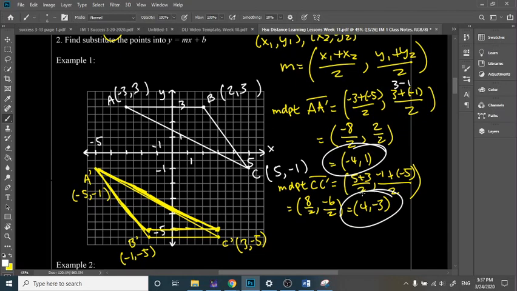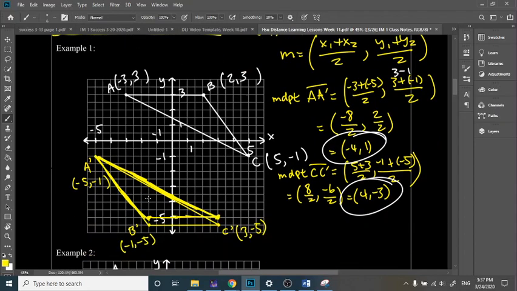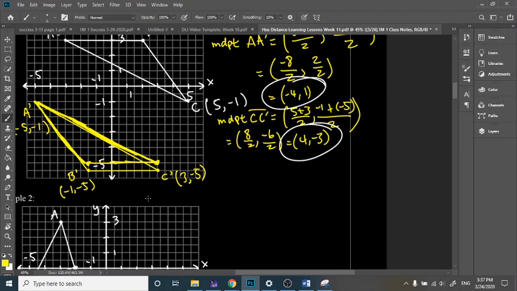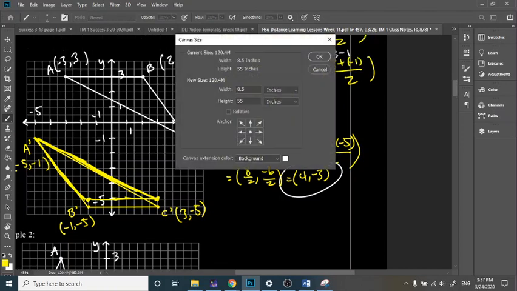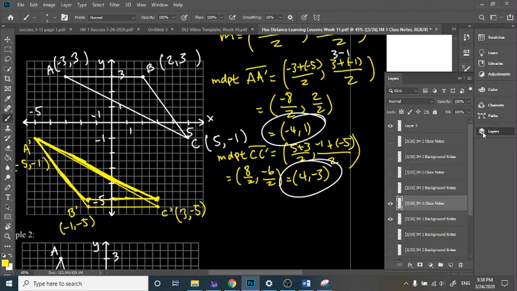So now let's look at what the next thing we do is. We need to y equals mx plus b it. So in order to do that, let me expand this a little bit. If you need anything else in here, just pause the video, go back to that, copy it down before you move on to the next thing. Huh, that's interesting.